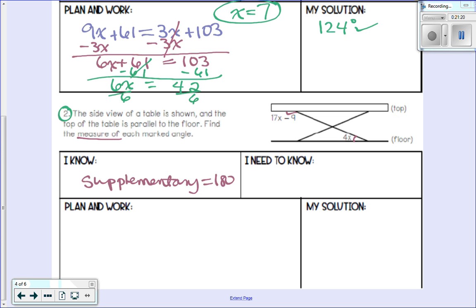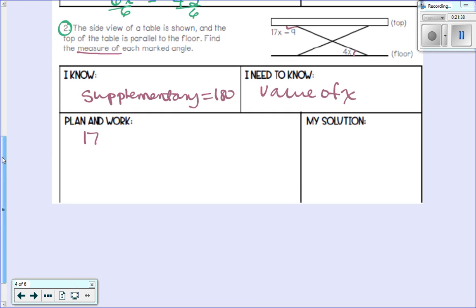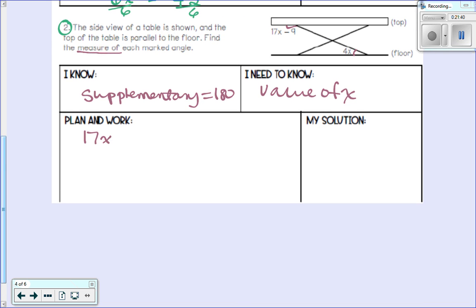What do we need to know first to find the measure? Value of x. So that's where our equation comes in. We have 17x minus 9 plus 4x equals 180.